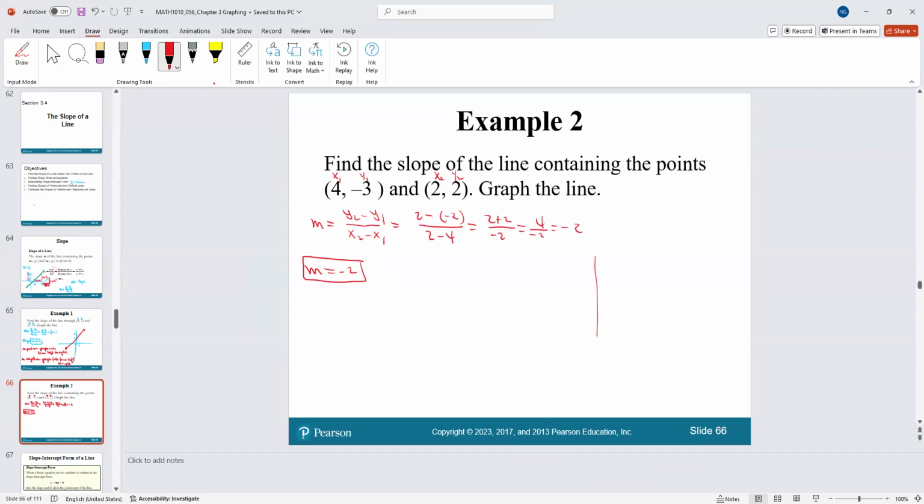Let's graph it here. So on the graph we need to identify the first point: 1, 2, 3, and 4, and -1, -2, and -3. So we know our first point is right there. And the second point, when x is 2, y is 1 and 2. This is the second point right there, okay?